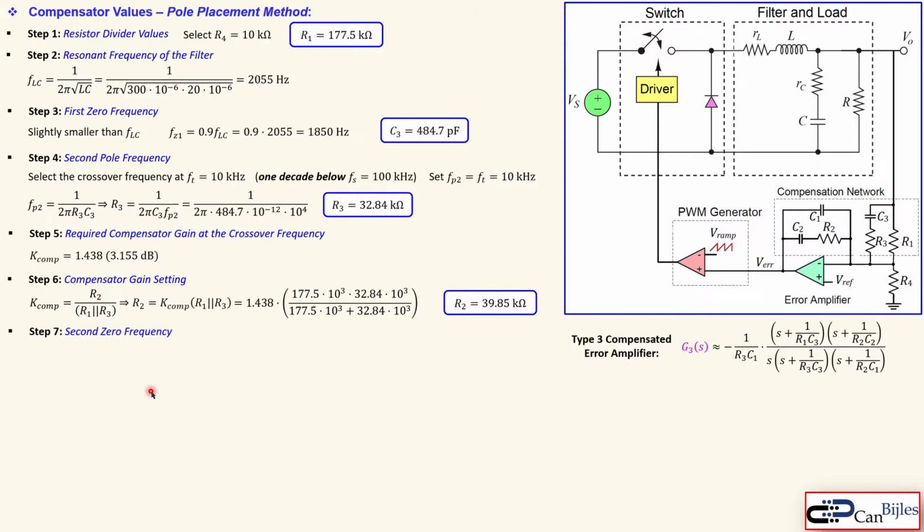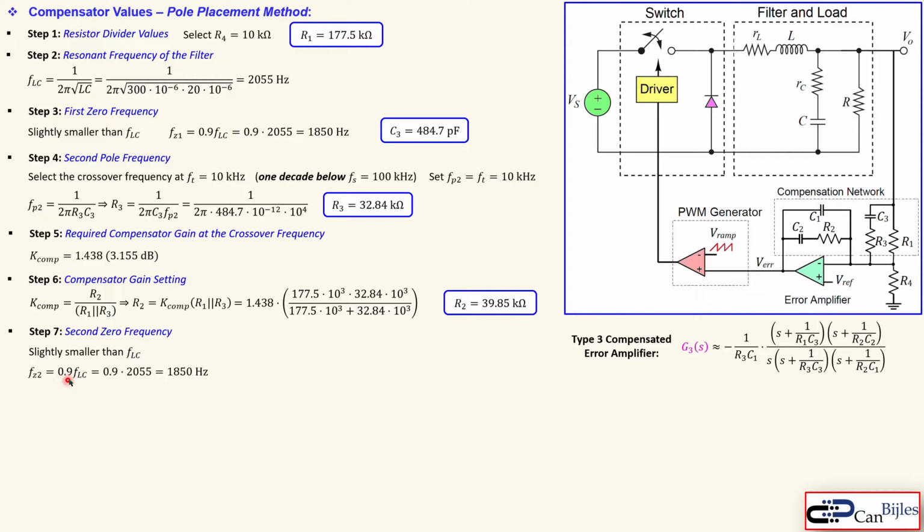So we're getting closer and closer, so almost all the components are calculated. Now the second zero frequency, that is this part, 1 over R2 times C2. Because we know R2, we can calculate now the C2. That is the next step. So that will be taking slightly smaller again than the resonant frequency, similar actually to the first zero. So the second and the first zero are exact same in frequency, but there will be of course different values for the components.